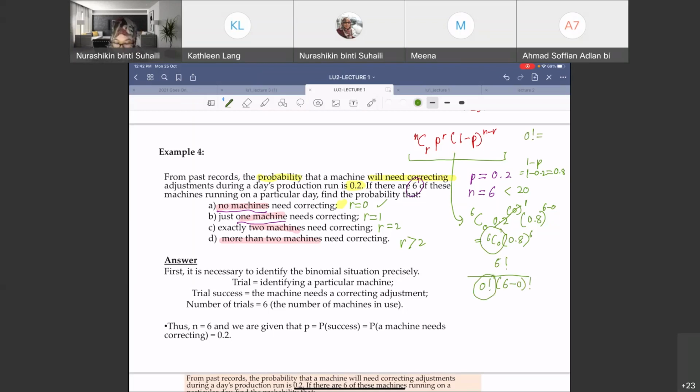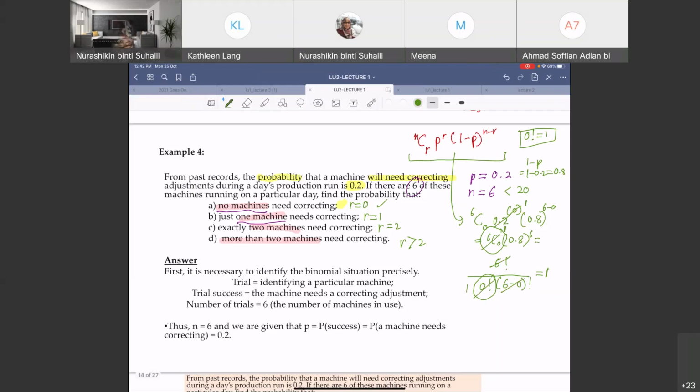This is the principle of factorial. It will not be given in the formula that 0 factorial is 1. So the 6 factorial cancels out, and it's actually equal to 1. So at the end, you just deal with 0.8 to the power of 6.